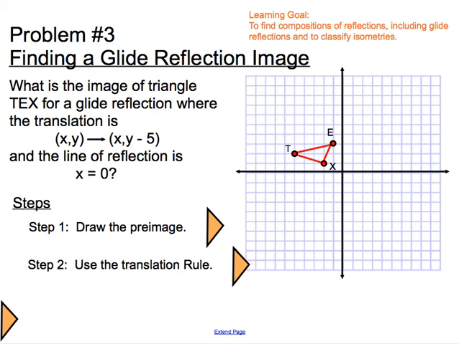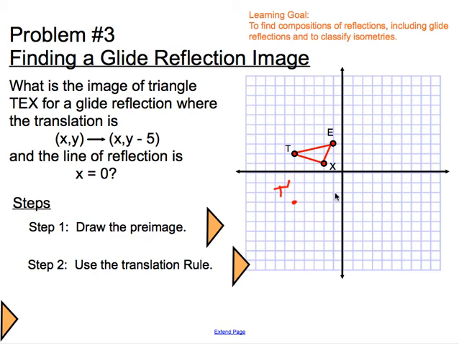Our second step is to use the translation rule. So in this case, our translation rule says keep the horizontal distance the same, but reduce the vertical distance by 5 in each case. So I'm going to take T and move it down 1, 2, 3, 4, 5. So this is going to give me T prime.